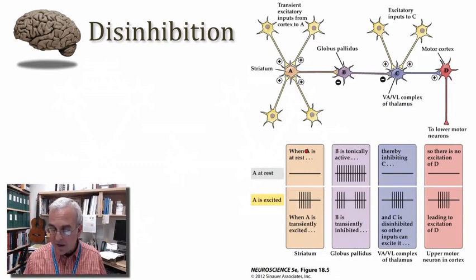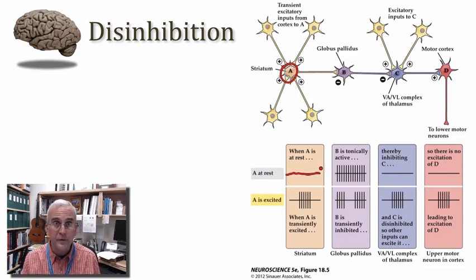So imagine now that neuron A in the striatum is at rest. So there's not a particular plan to move, a desire to move, an urge to move. The motor cortex is essentially at rest. So the relevant part of the striatum is going to be silent.